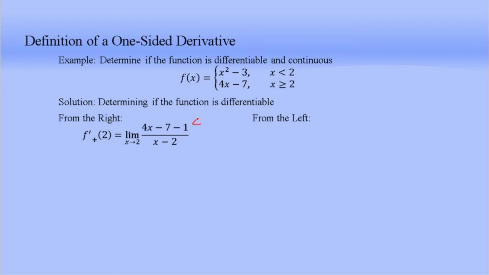So 4 times 2 minus 7. 4 times 2 is 8, minus 7, so 8 minus 7 is 1. So negative 1 as stated in the formula.